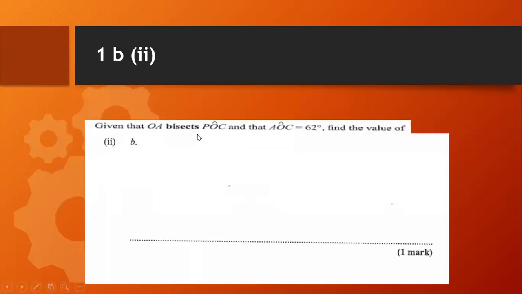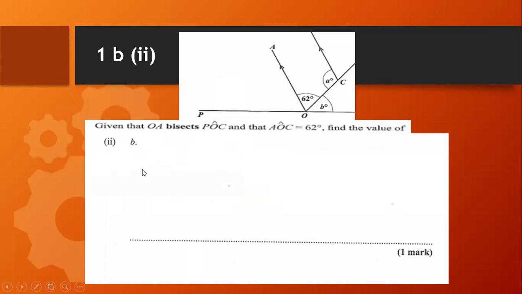Given that OA bisects POC and AOC is 62 degrees, find the value of B. Let's put that drawing back up. And we can clearly see that OA bisects POC, which means OA is the bisector of the angle.